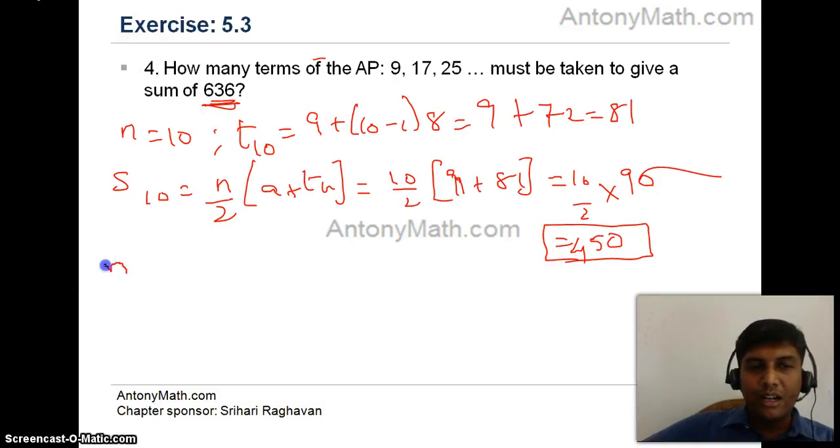Let's go number by number. The 11th term: we know that my 10th term is 81. I add 8 to it, so that makes it 89. And what is my S11?